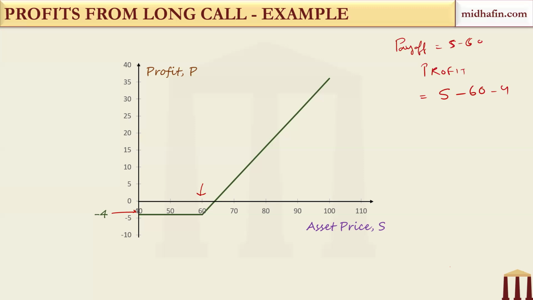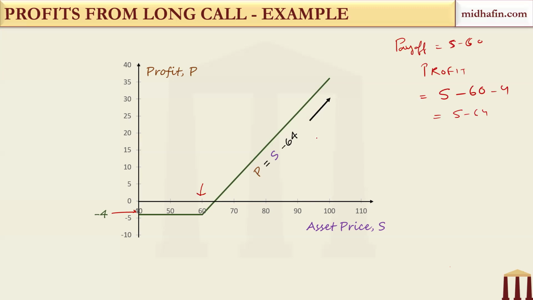Correct, Vedant. So it will be S minus 64. We are just subtracting the premium from the payoff, which gives us the profit. So this part of the line is represented by P is equal to S minus 64.